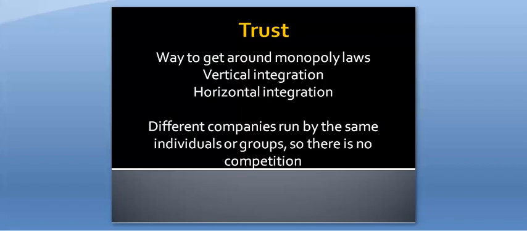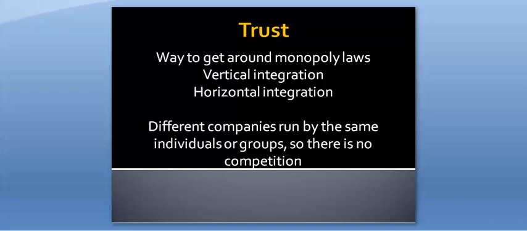So in vertical integration, which was pioneered by Andrew Carnegie of Carnegie Steel, it means that the company, in this case Carnegie Steel, bought all of the companies that they needed to produce, transport, and sell their steel. Carnegie bought the mines the iron ore came from, the factories that produced the steel, the railroads and shipping companies that transported the steel.